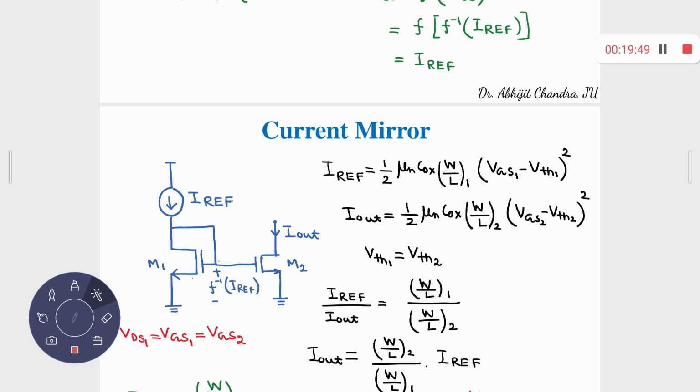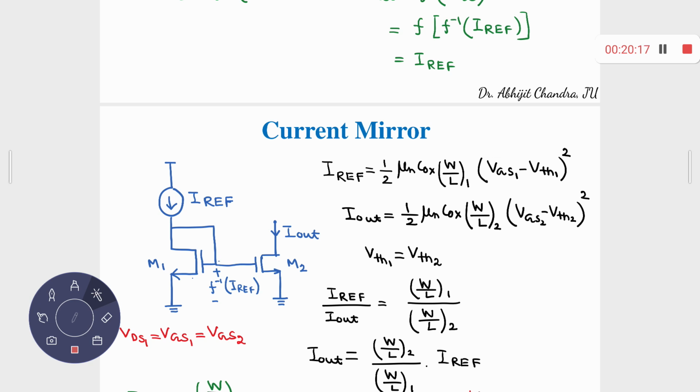So if you have a MOS operating in saturation with gate and drain shorted, then in this expression you have mu n, VGS and VTH, three parameters which are either supply dependent or temperature dependent.